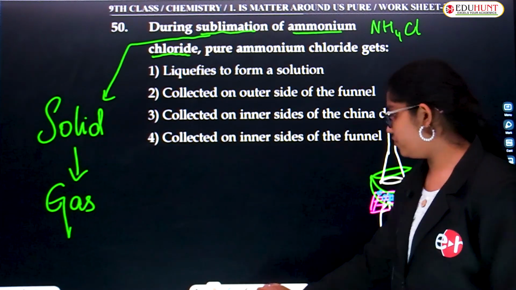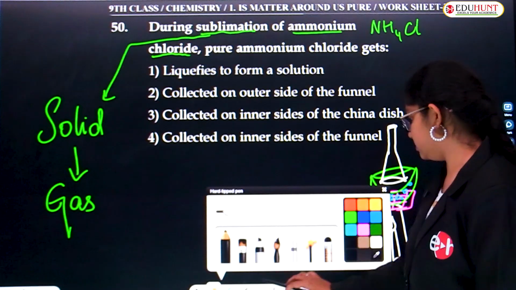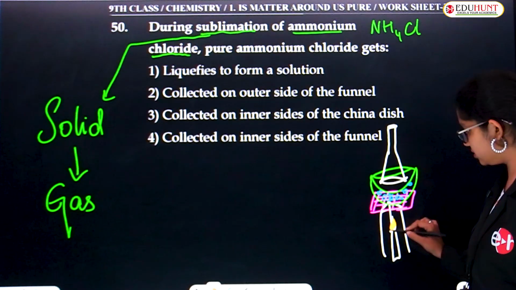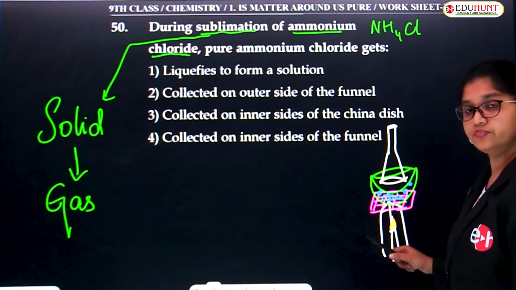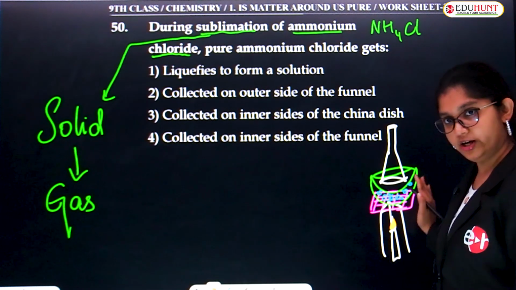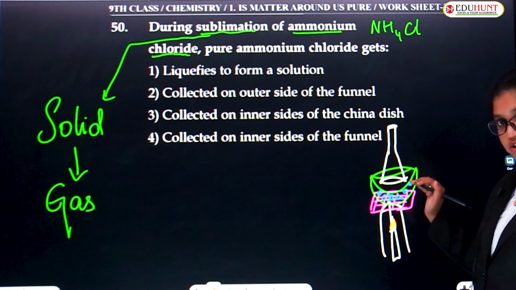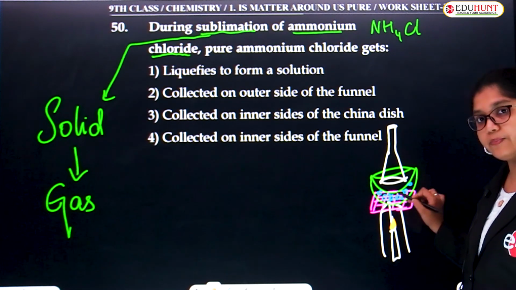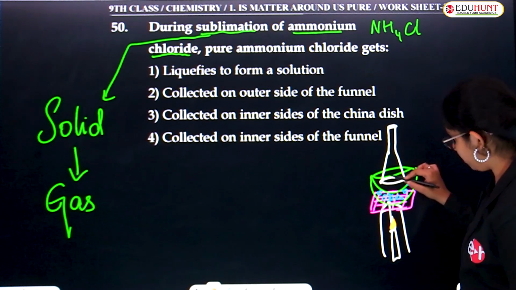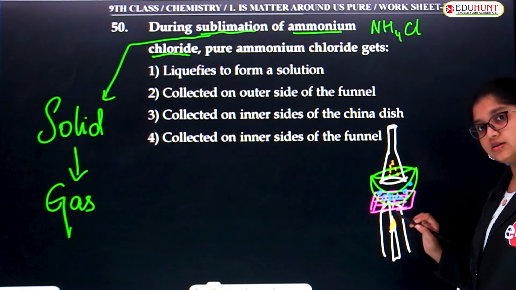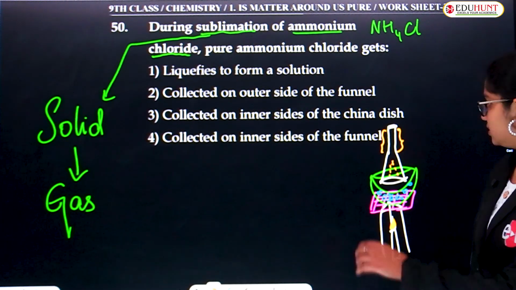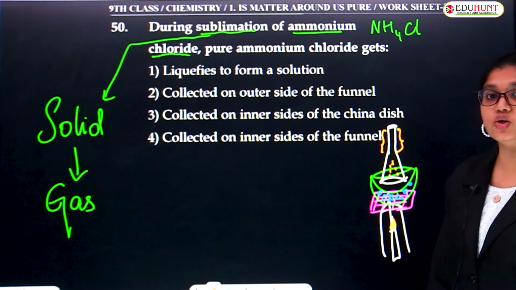When you light up the Bunsen burner, it glows, no? The flames hit the china dish. The wire gauze gives an equal amount of heat all around the china dish, and the ammonium chloride particles will sublime, means solid directly to gaseous form. And in that case, there is a cooling surface, right?